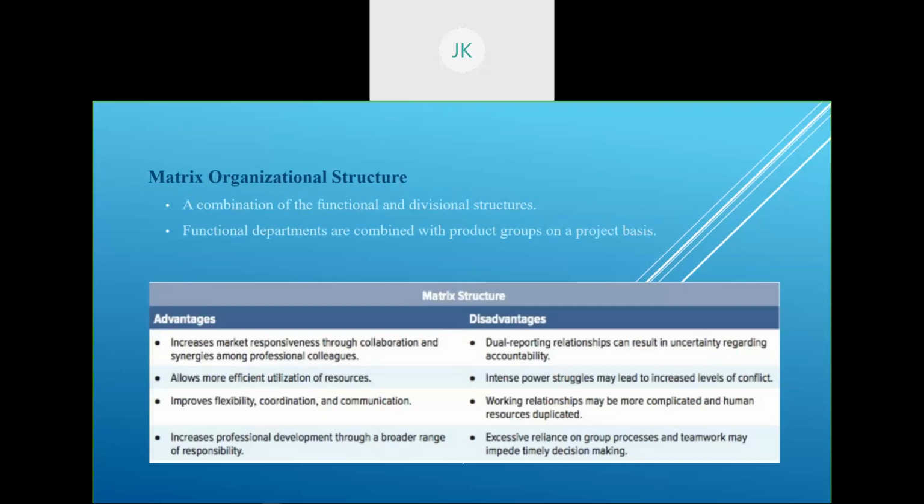And the next one is matrix organizational structure. This one combines two types of structure: functional structure and divisional structure. Certain companies do that.